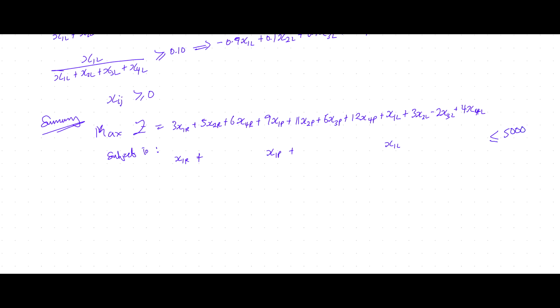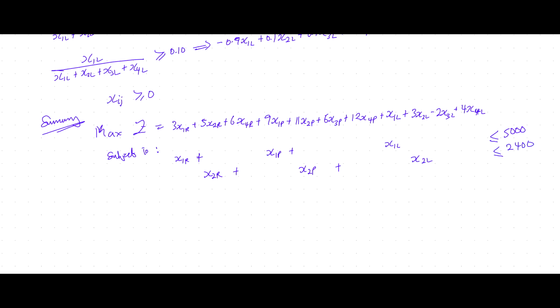Then the second one is x2r plus x2p plus x2l is less than or equal to 2,400.